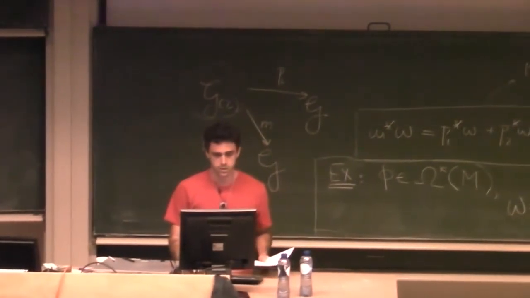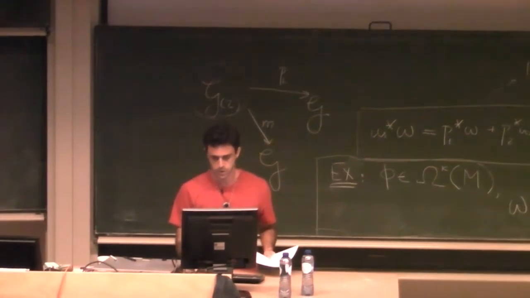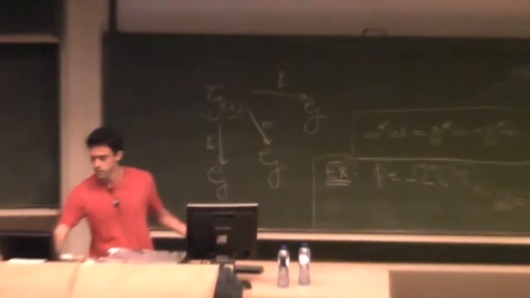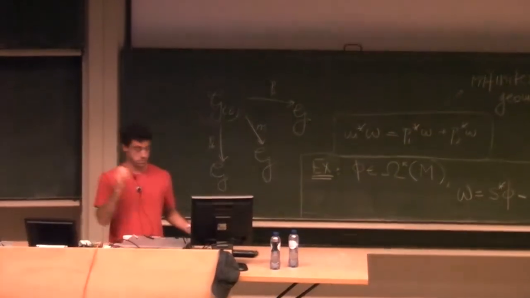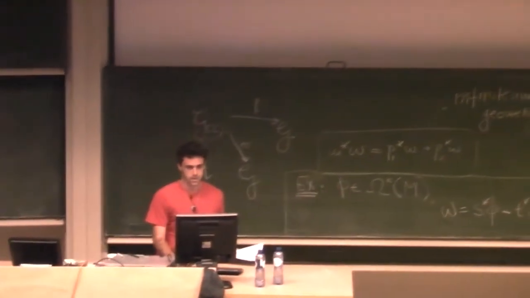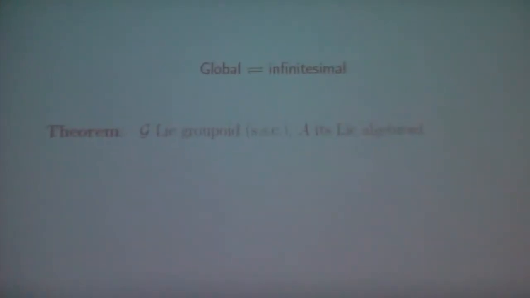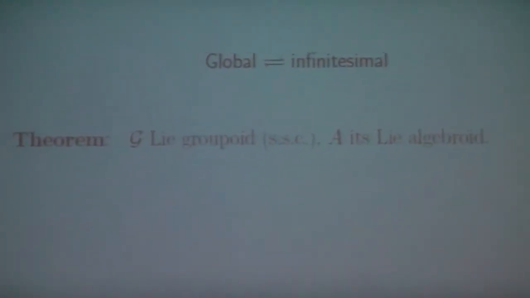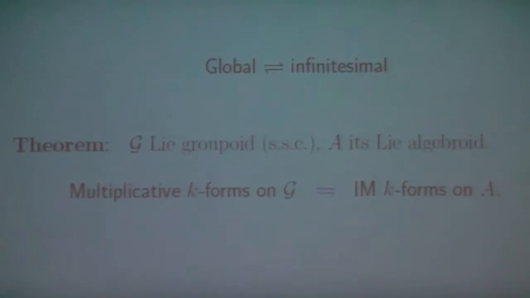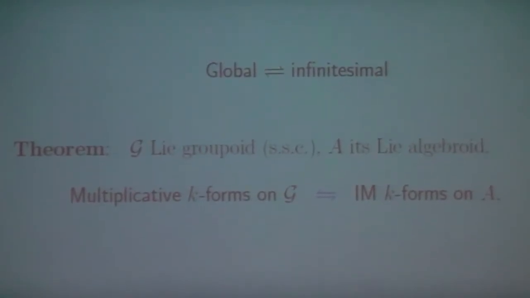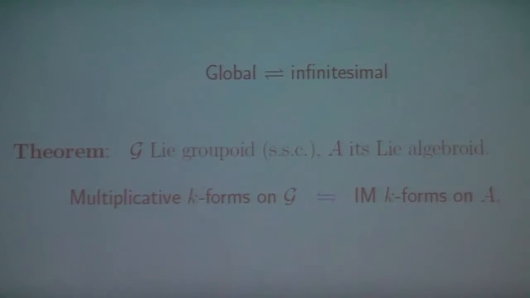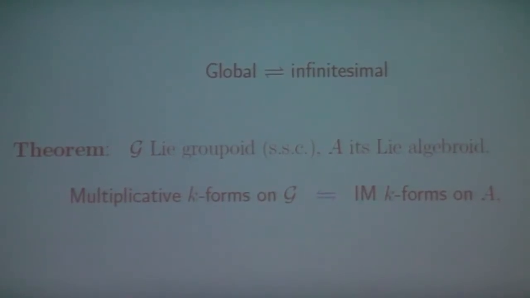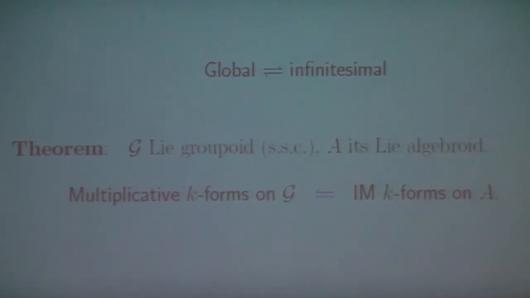So the theorem, the kind of infinitesimal global correspondence theorem, is: if you have a Lie groupoid that is source simply connected, for you to get this one-to-one correspondence, then there is a one-to-one correspondence between multiplicative k-forms on the Lie groupoid, and this object that, for lack of a better name, I just called IM k-forms.